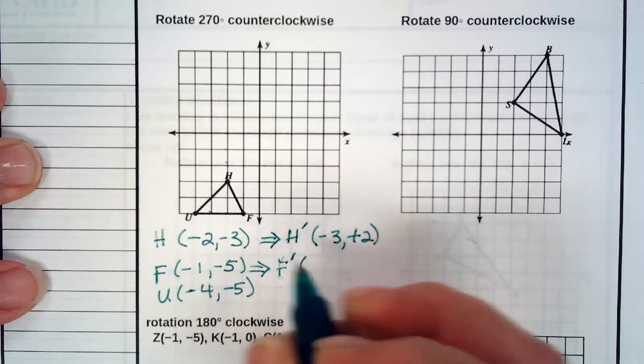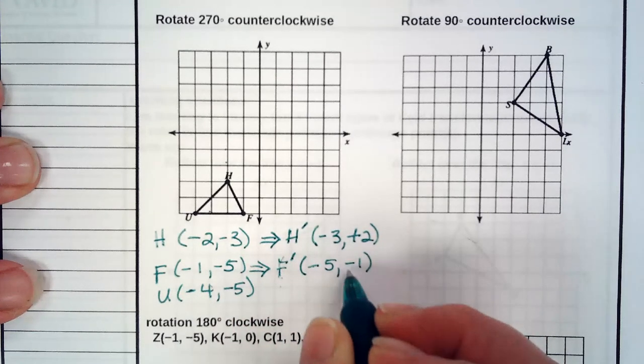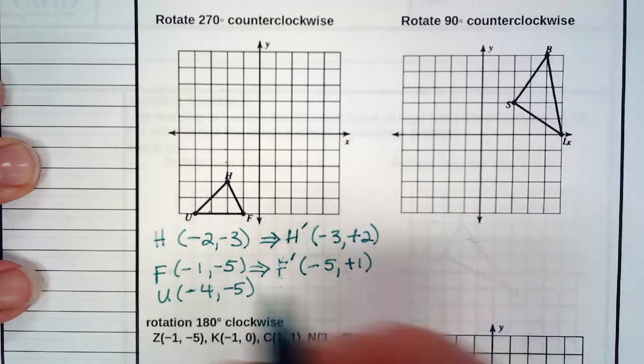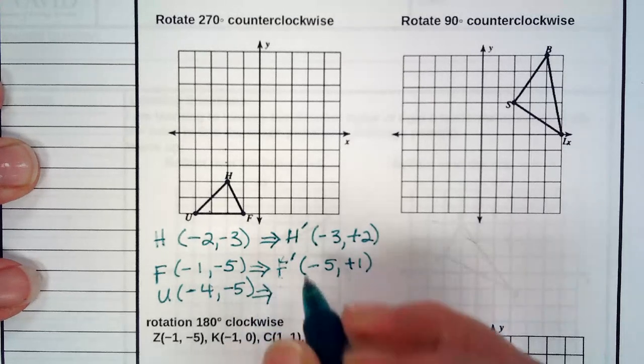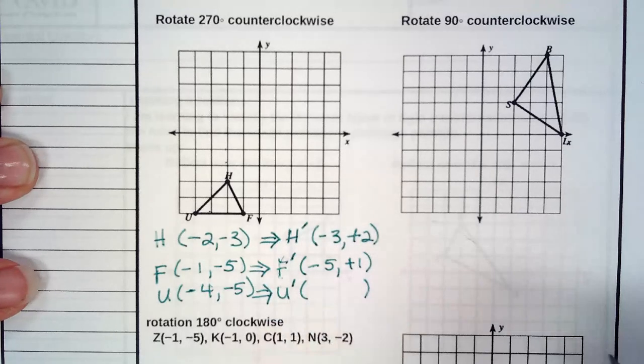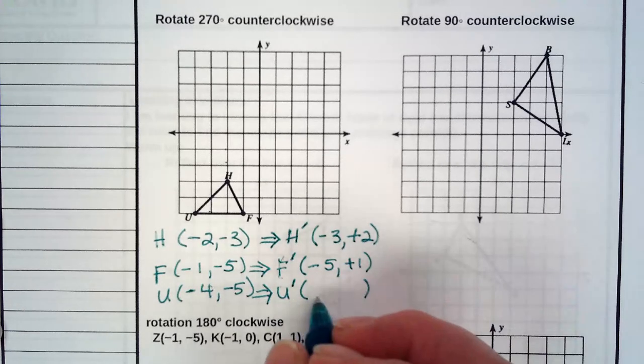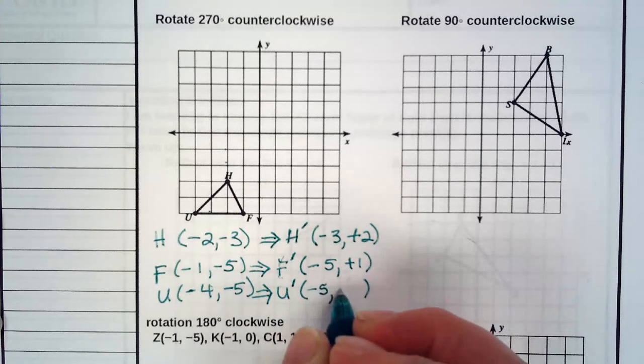Switch them around, -5, -1, it becomes a +1. Okay, do U prime. Switch them. Then the second number becomes its opposite. -5, -4, and this becomes a +4.